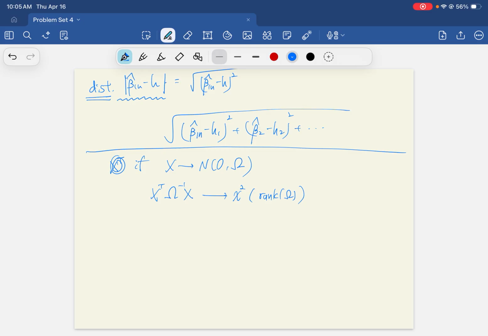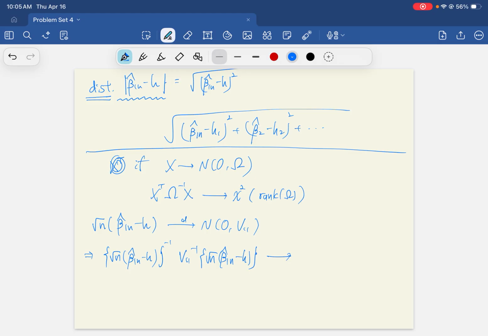That is the definition of chi-square. So in our case, square root n of beta 1 hat minus h converges to normal distribution 0, V11. Okay, so following the rule, this implies square root n times beta 1 hat minus h transpose V11 inverse, same thing, square root n beta 1 hat minus h will be converging to chi-square 1.